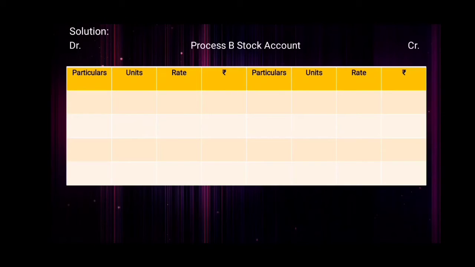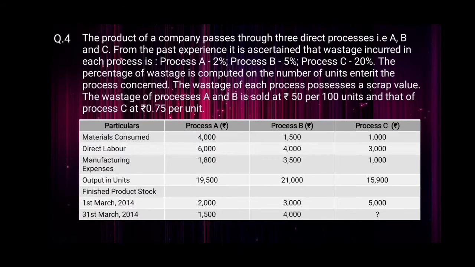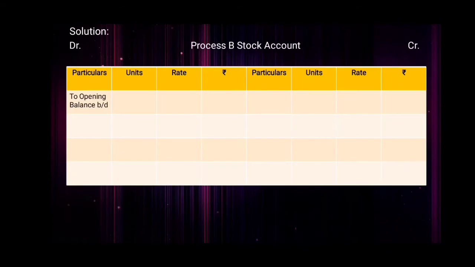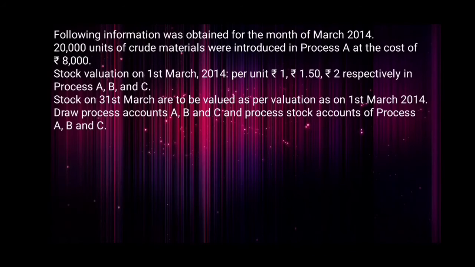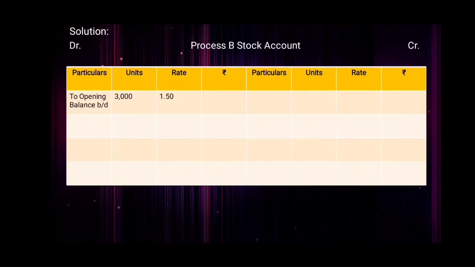Now let us prepare process B stock account. Finished product stock for 1st March 2014, that is the opening balance for process B is given as 3,000. To opening balance brought down 3,000 units at the rate of 1.50, so the total amount will be 4,500.